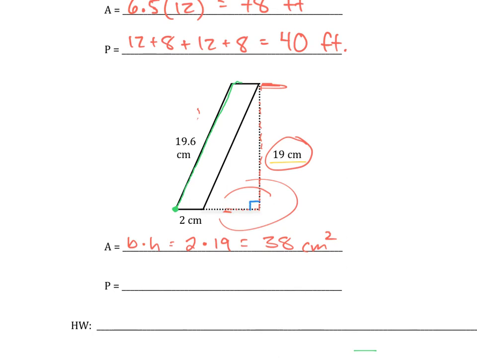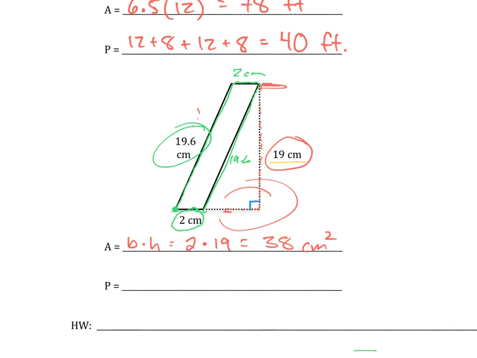Then I got to go along the top, which is 2. How do I know it's 2? Because the opposite side is 2, and the opposite sides are always the same length. So now I've traveled 19.6, 21.6. Then I travel on this side, which I know is 19.6 because it's opposite that guy. And then I travel the final 2.